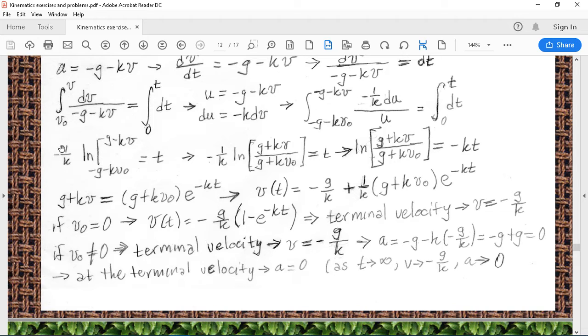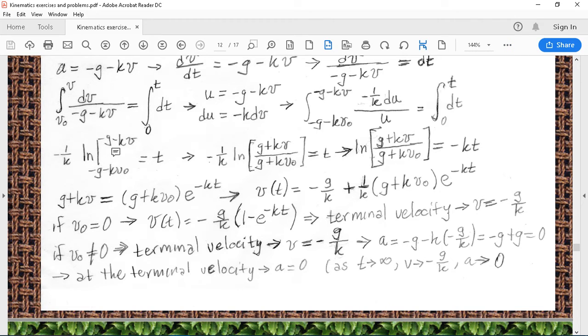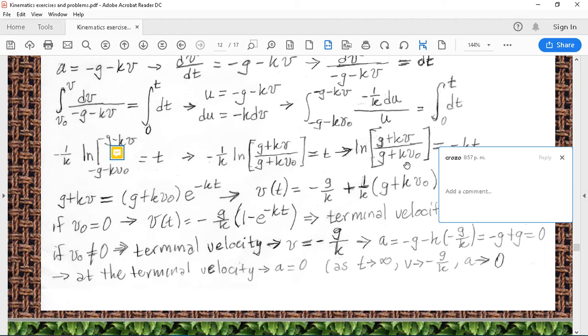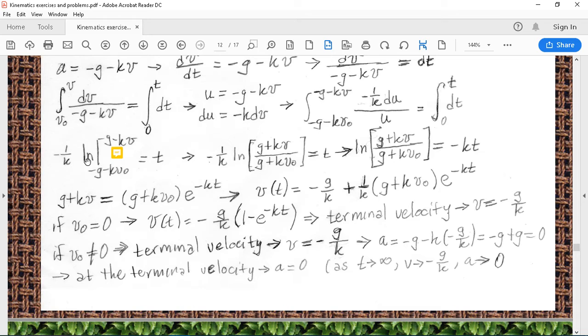So we take this minus k out of the integral, and we are left with du over u. The integral of du over u is the natural logarithm of u, to be evaluated from minus g minus kv0 to minus g minus kv.